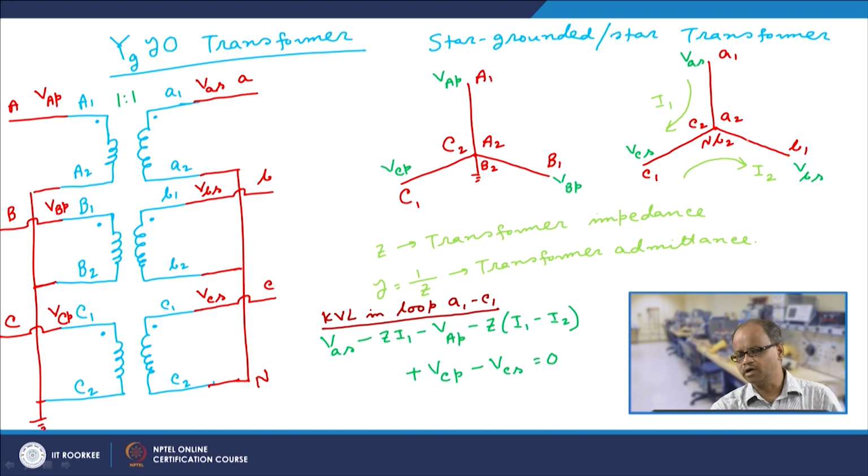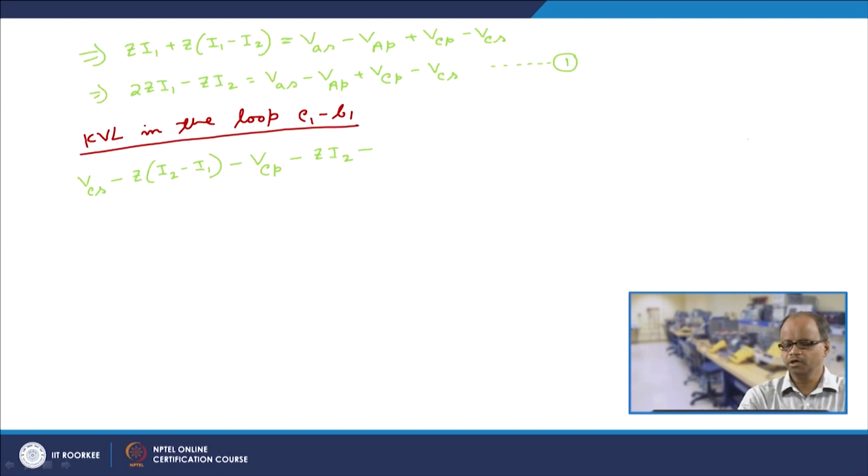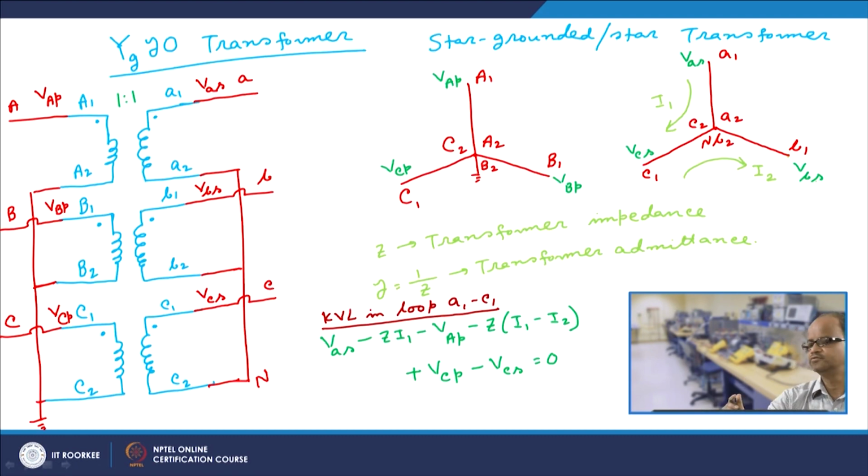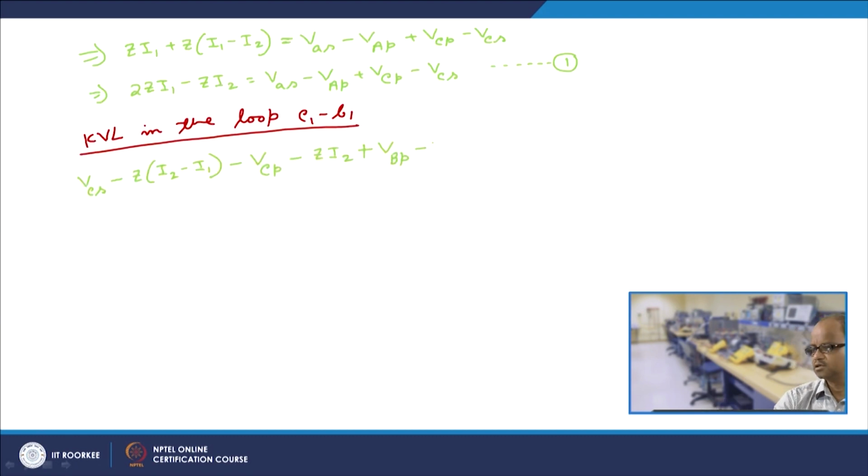So this is a rise in voltage, so it should be plus VBP, and then we reach this voltage, minus VBS is equal to 0.